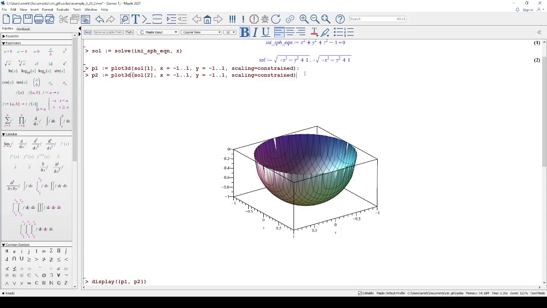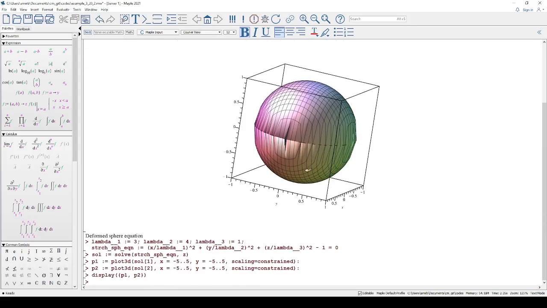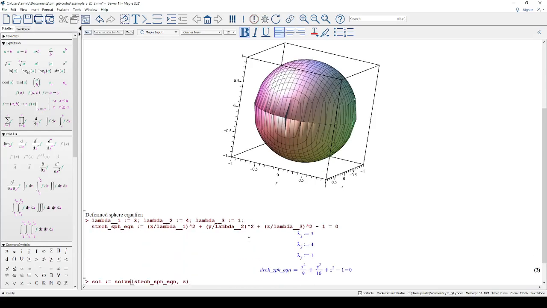All right. After doing this, we go to the deformed sphere equation. Here we have 3 lambdas, which are the eigenvalues of the transformation: 3, 4, and 1.